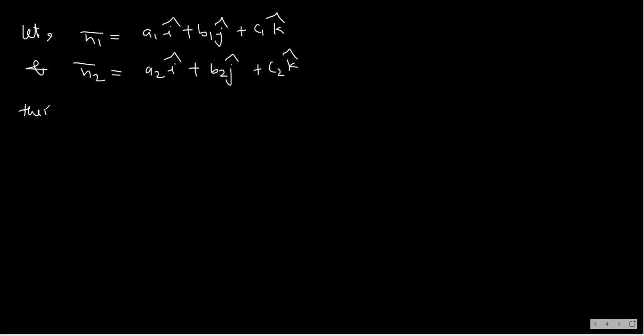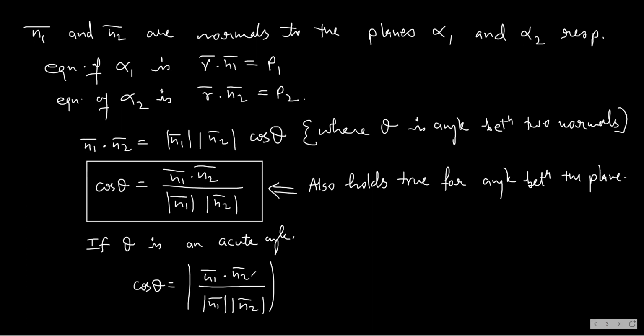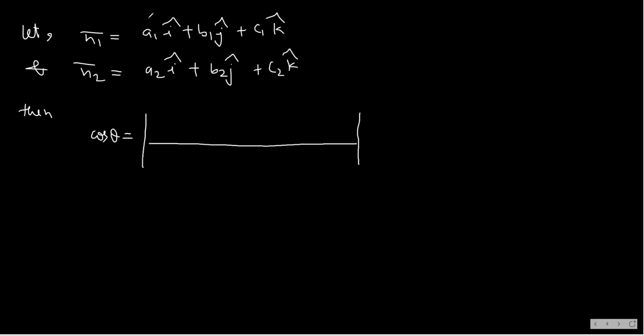Then what will happen? Cos theta will become, I am taking the formula for the acute angle only. You have n1 bar dot n2 bar, that is this dot this.